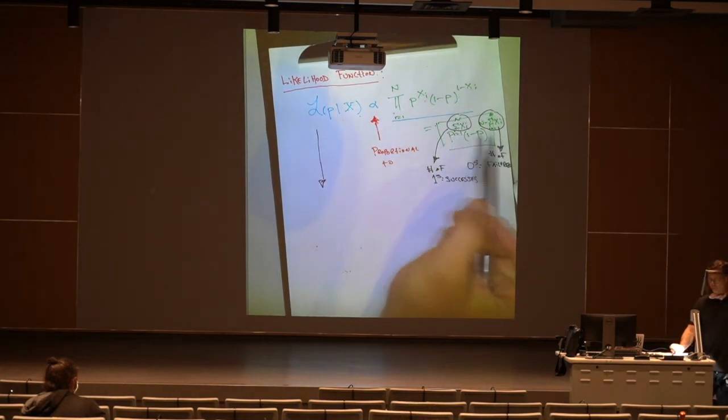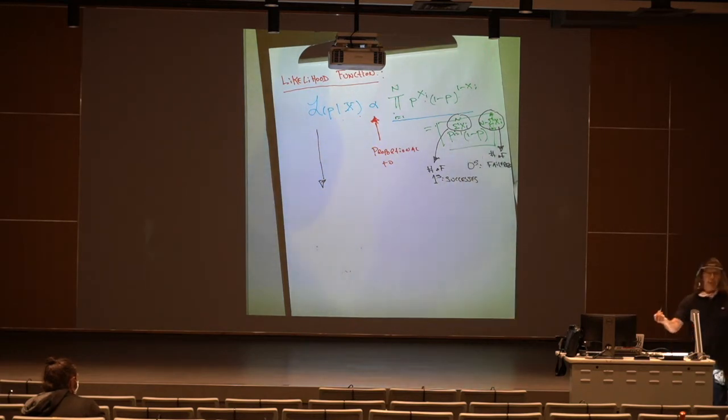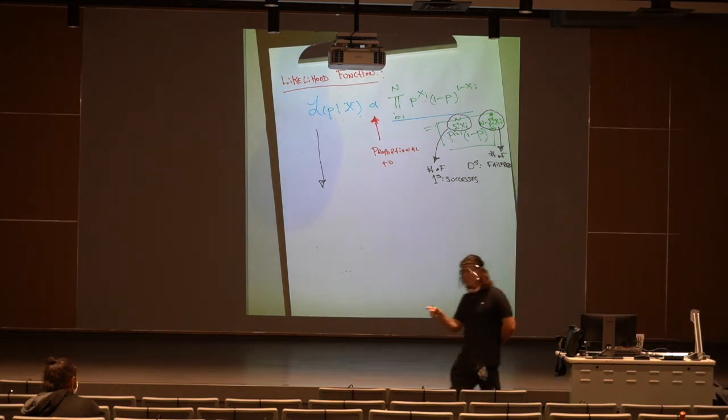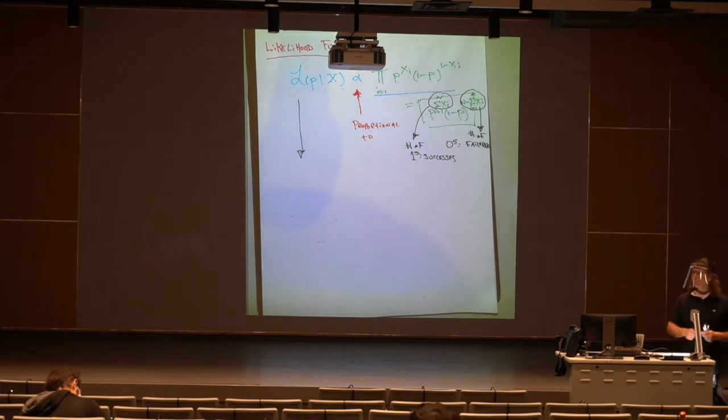I don't really care where the 1s and 0s landed. The only thing that is informative about this likelihood function is the sum of the xi's. The data is only informative through that number. It doesn't matter where they were located, because it's an IID example. So the arrangement doesn't matter to us.